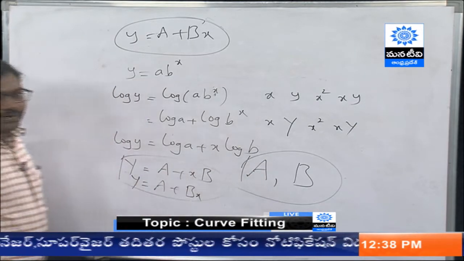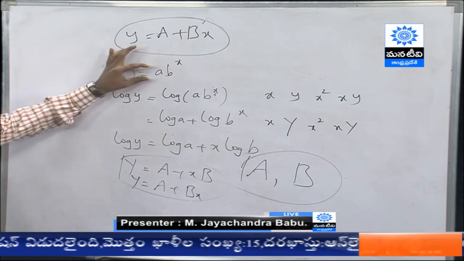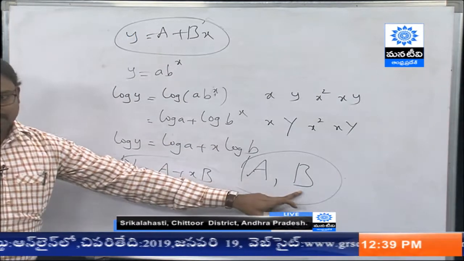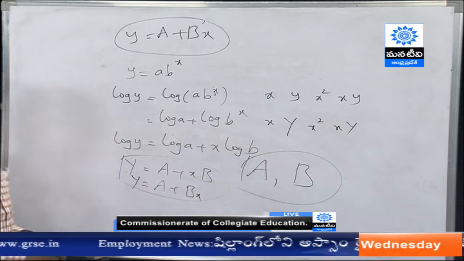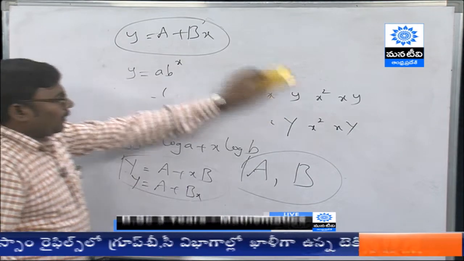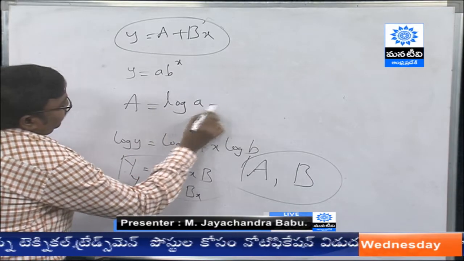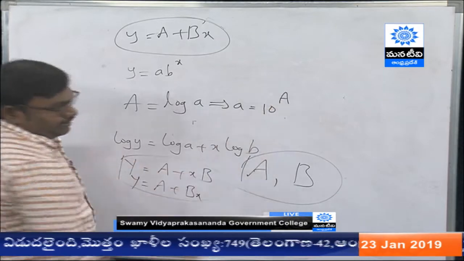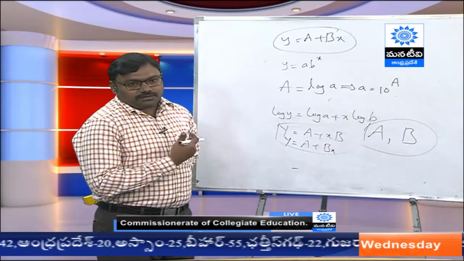But this is not our task. Our task is fitting a power function to the data, which means we need to find the suitable small a and small b values, not these. What do we need to do? We need to convert capital values to small values. As capital A is equal to log a, we can write small a as 10 power A. In our calculator we have logarithm which is base 10, right.